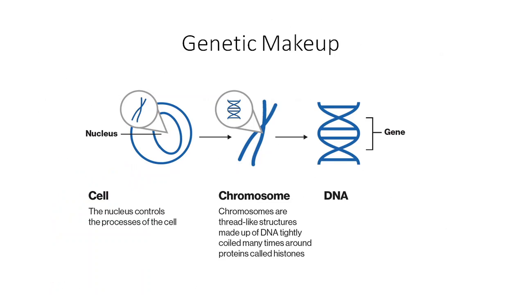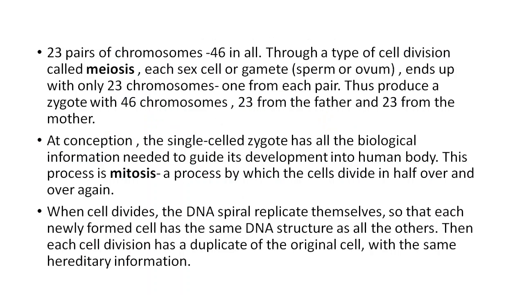Every cell in the normal human body, except the sex cells, has 23 pairs of chromosomes, 46 in all. Through a type of cell division called meiosis, each sex cell or gamete, that means the sperm or ovum, ends up with only 23 chromosomes, one from each pair.